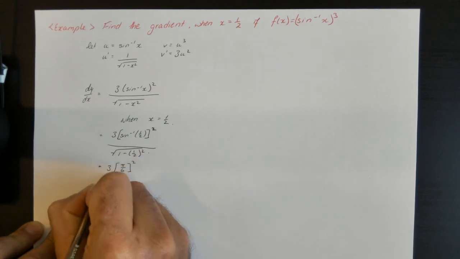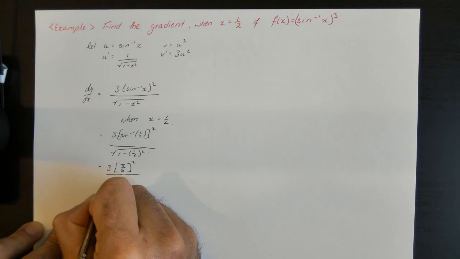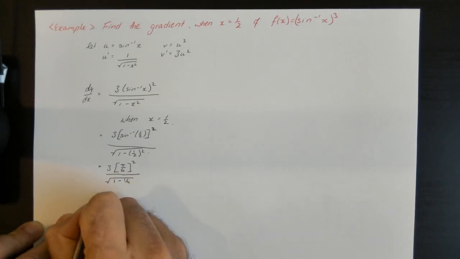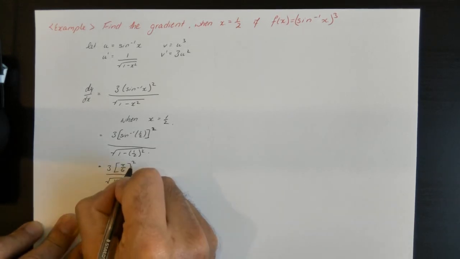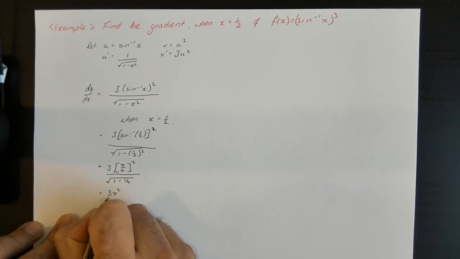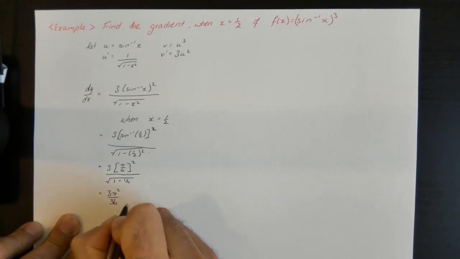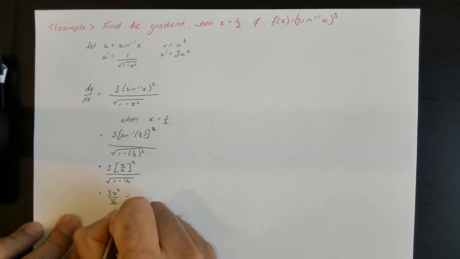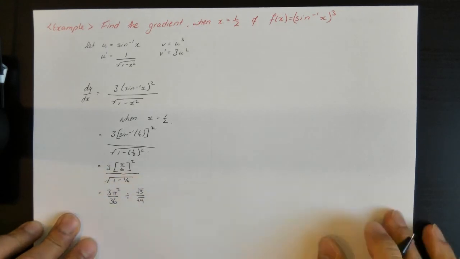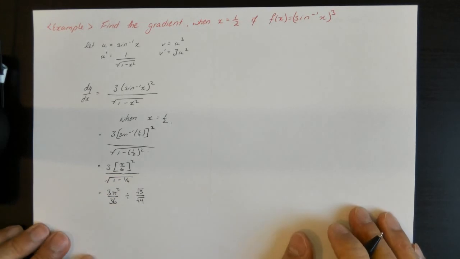We square that, and this is 1 minus a quarter. So what we're going to get is 3 pi squared on 36 divided by the square root of 3/4.